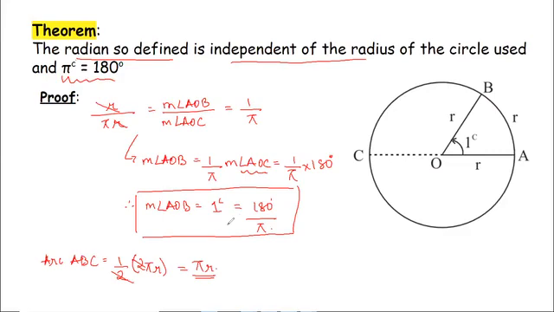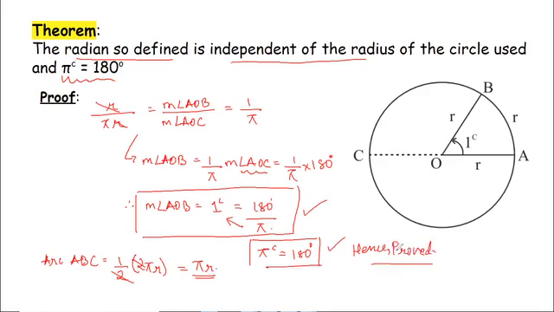It's easy to prove: we cross multiply by pi, so pi radian is equal to 180 degree. This is the second proof. Both parts have been proved, hence proved, and this is where our theorem ends.